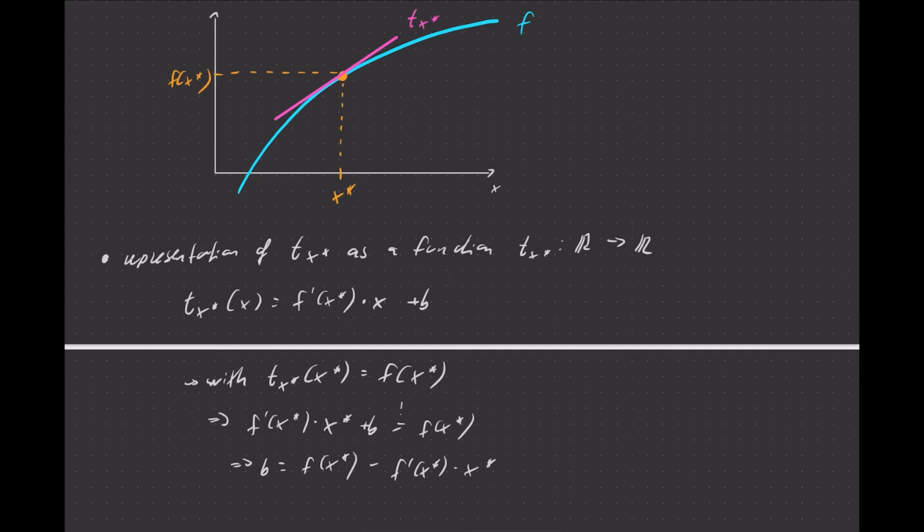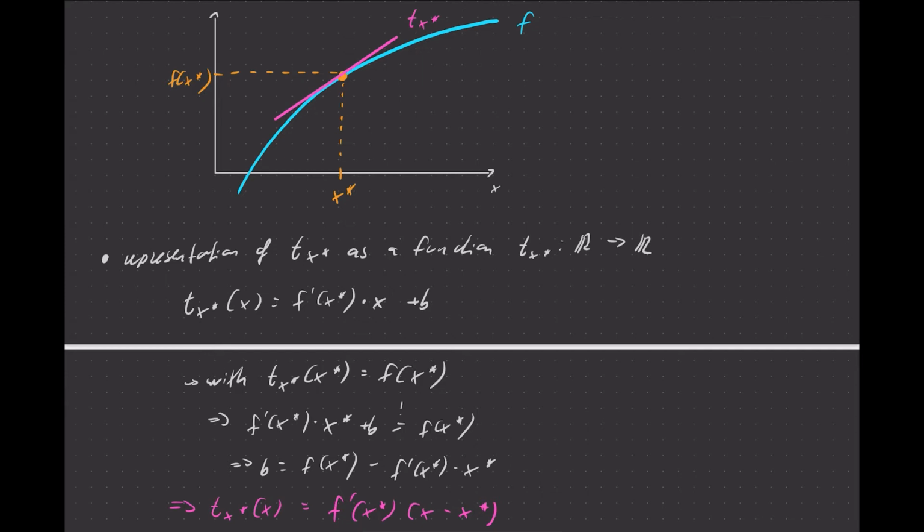So ultimately, the description that we get from this is our tangent t x star at the point x can be written in the following form, that is f prime at the point x star. And you notice we have f prime at the point x star times x here. And we also get a minus f prime x star times x star here. So we can combine this into f prime of x star times x minus x star.